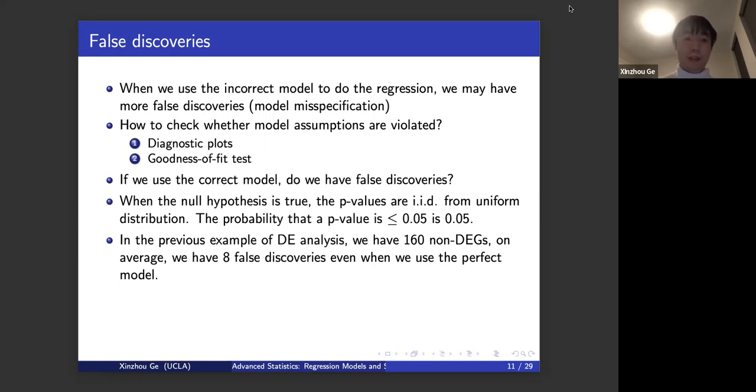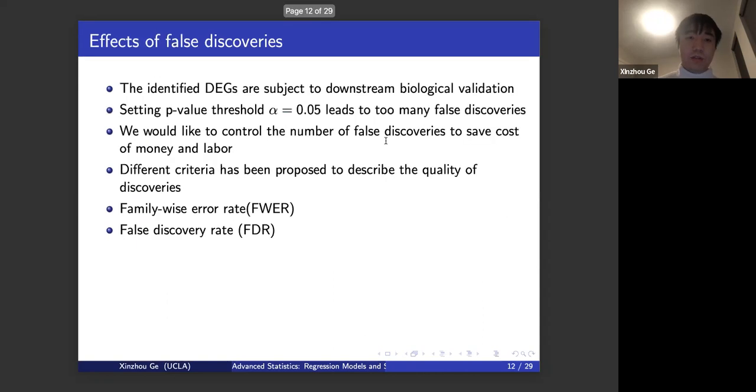So it means that in the DE analysis, if we have 160 non-DE genes, on average, even if the p-values are perfect, we will still have 8 false discoveries when the model is exactly the correct one.